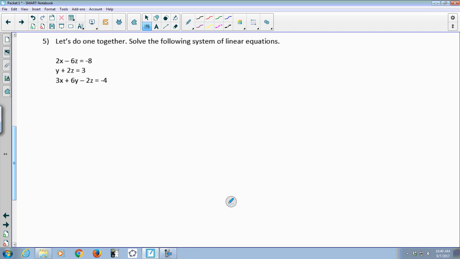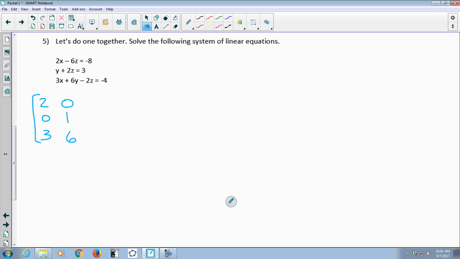All right, so first thing I'm going to do here is translate this to an augmented matrix. So augmented means you have the coefficients, then a vertical line, and then the constants after the equal sign. So I have 2, 0, 3. Those are my x coefficients. My y coefficients in my system are 0, 1, 6.